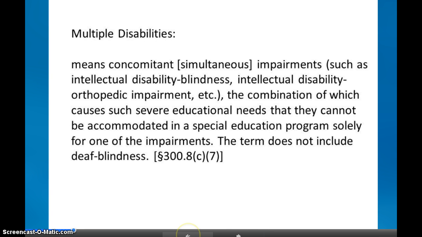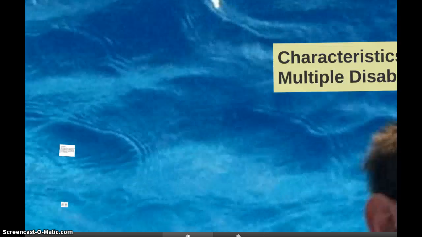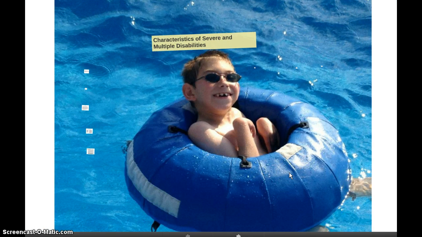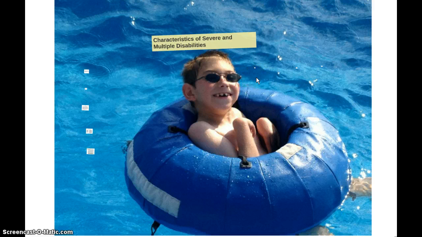But where I want to start is by going back to look at our picture of Colton, and let's talk about what we mean by multiple disabilities. Colton has a visual impairment. The muscles in his eyes don't pull together, and so it causes him a visual impairment. He has cerebral palsy, and in a few minutes we're going to talk about what cerebral palsy is. He has a seizure disorder, and we'll talk about that in a minute.